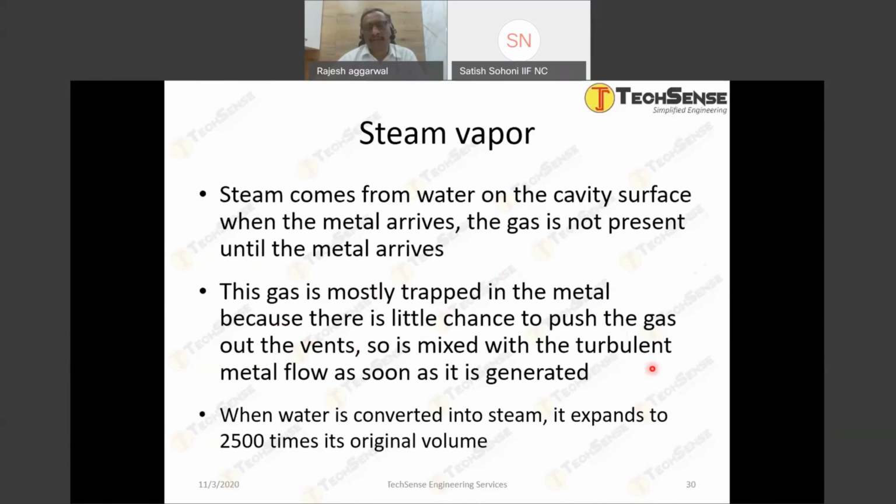So it is mixed with the turbulent metal flow as soon as it is generated. When water is converted into steam, we have to remember it expands to 2500 times its original volume. Even a small drop of water inside the closed cavity generates 2500 times the volume of gas. It's a huge amount of gas generation.